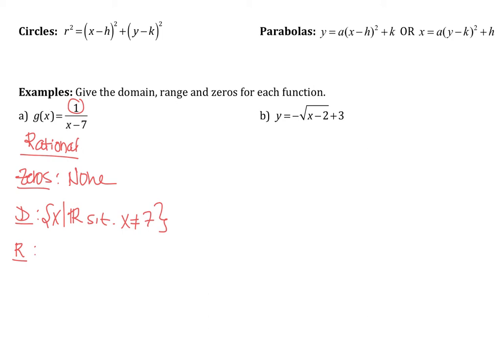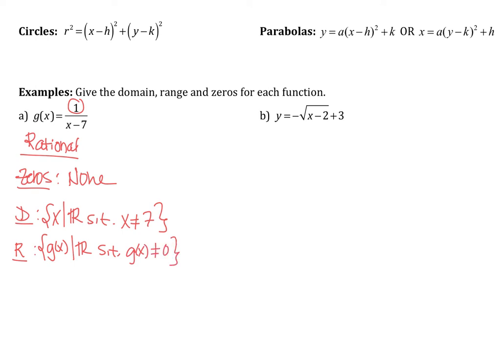So in this example, we know my horizontal asymptote would be y equals 0, so we end up with g of x is all real numbers such that g of x cannot equal 0.